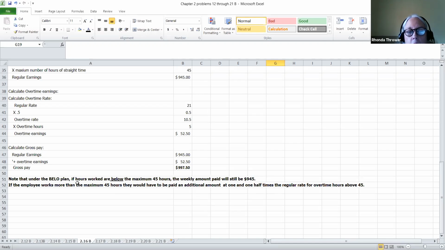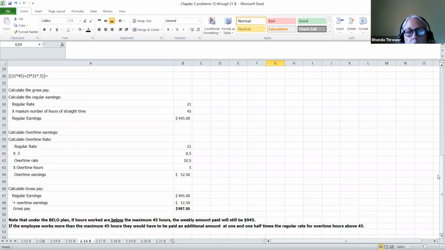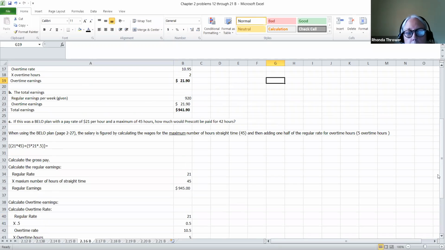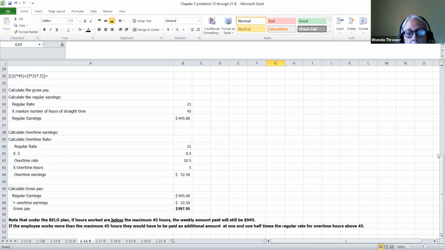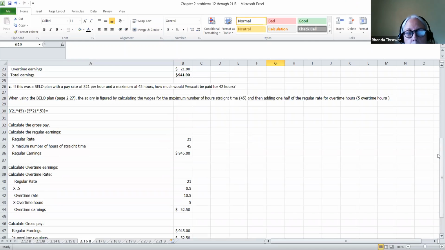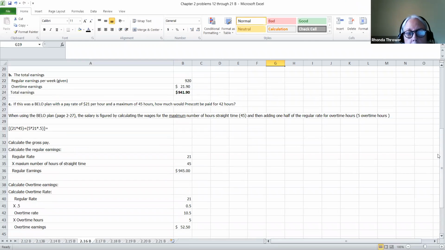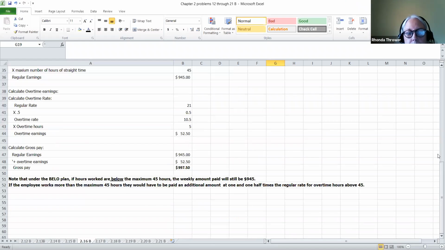But they are also going to get overtime pay based on the amount of hours that they worked, or they're going to get that straight time pay at 5 hours, which would be above 40 hours.